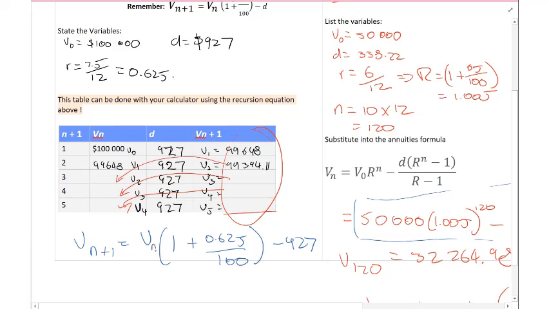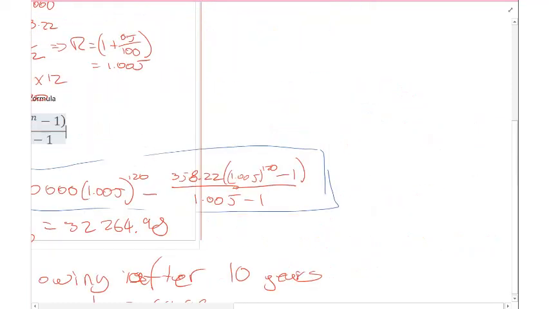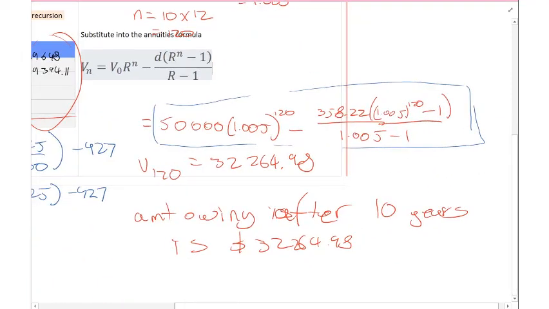So it'd be Vn times 1.00625 minus 927. That's what needs to go in your calculator when you calculate that out. Okay, so that's working those out. All right, that one would be annoying, just in terms of making sure it's all correct.